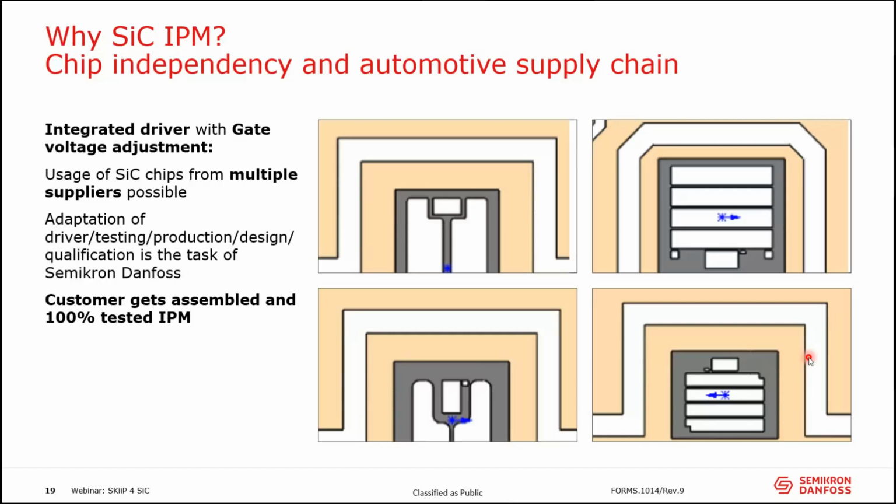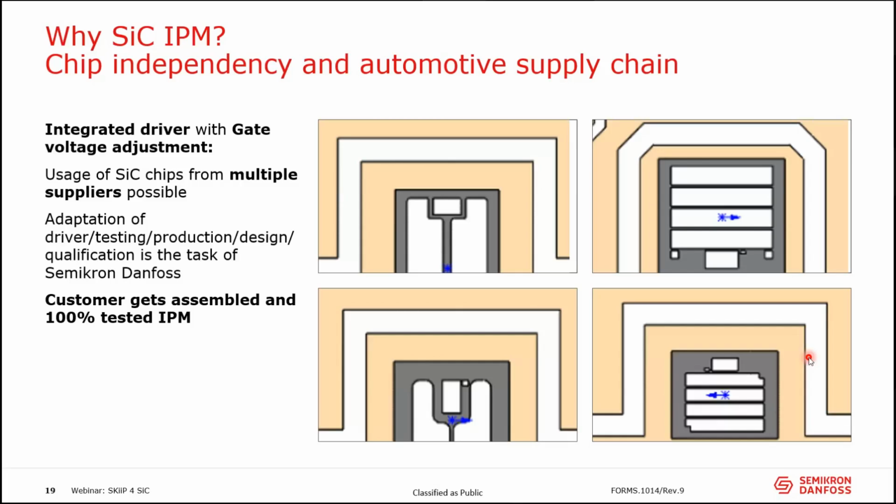The disadvantage of SKiiP that we had before, like a single source application, is now not so critical anymore, because with silicon carbide, the switching behavior of different chips is quite different.